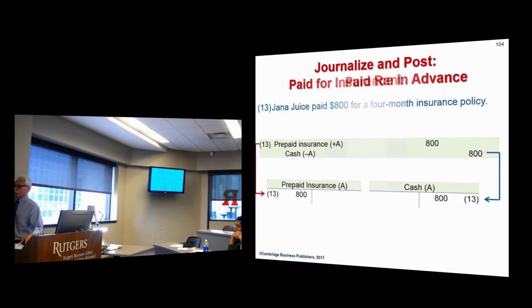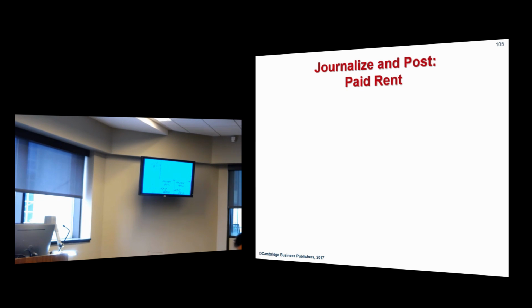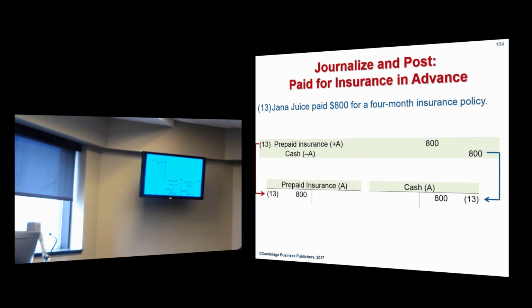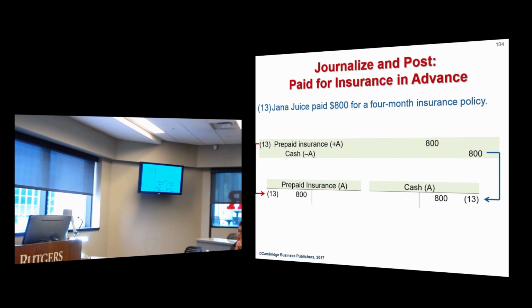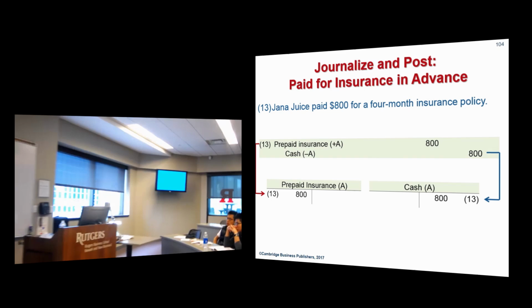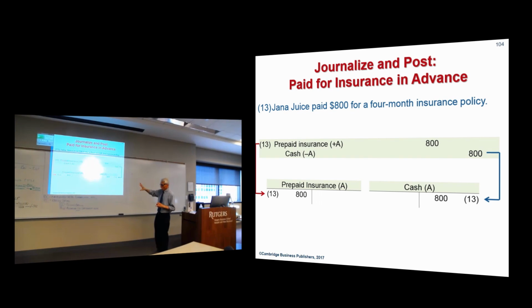Here's the prepaid insurance. Oops, sorry about that. Let me just finish this one, and we will break. I know I'm about 5 minutes off. When you look at the prepaid insurance account, that's for the initial purchase: debit that account, credit cash.